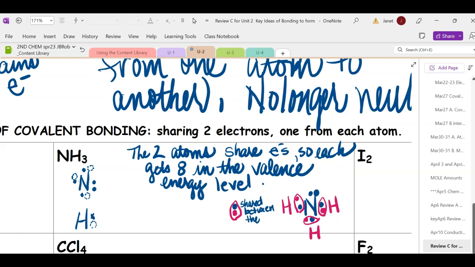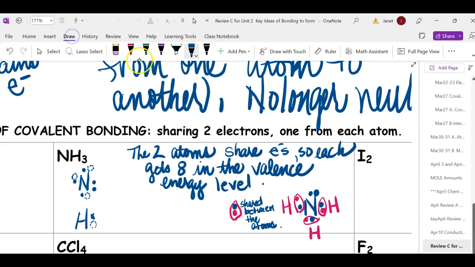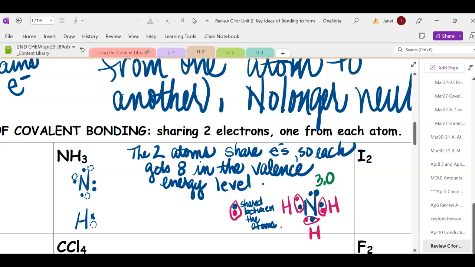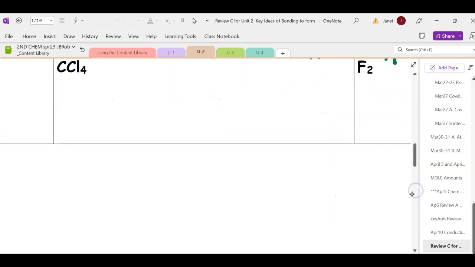Do you remember how we talked about polarity? Nitrogen's electronegativity is 3.0. Hydrogen's is 2.1. That's a 0.9 difference. So when the bond forms, this would be the other way of writing it, where we'd show the bond with a line.